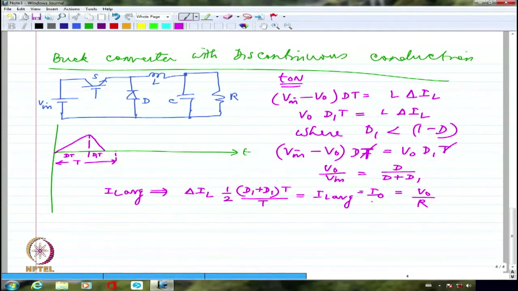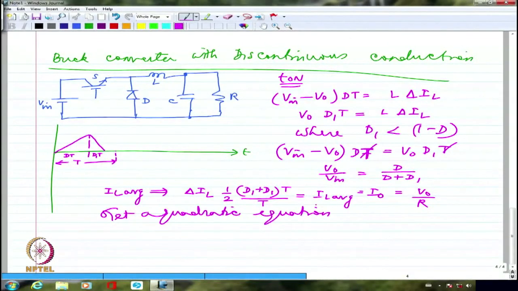Get this again equated in terms of d and d1, and then you will ultimately get a quadratic equation in terms of d1. D I already know, d1 is the one which I have to solve for.